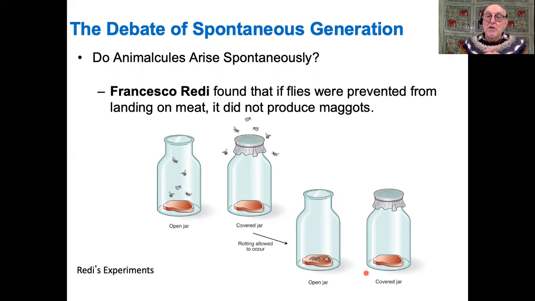And in the open jar, the meat rotted, and became covered with maggots. In the jar which was covered, the meat rotted, but it did not become covered with maggots. And he said, as a conclusion from this, that in order for the maggots to be produced, adult flies had to have access.